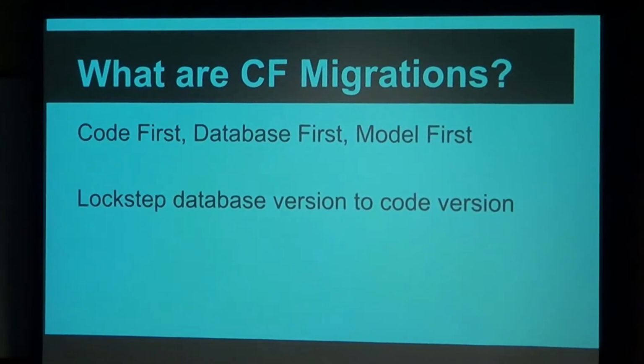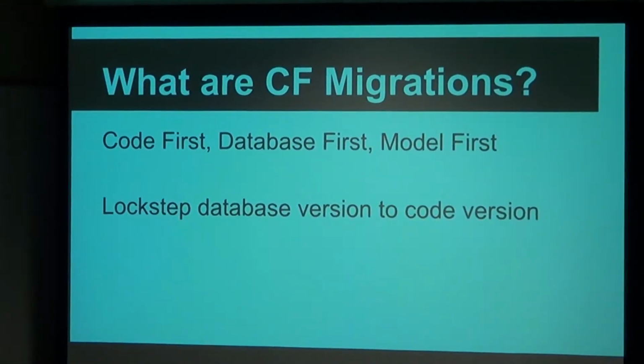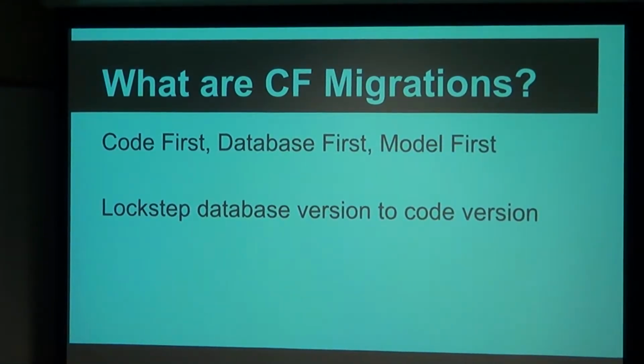All right, so what are code first migrations? The term code first comes from the idea that any framework, specifically this ORM, has 3 different ways where you can map to the database. You can do database first, so the idea is that you write your SQL and create your database, and then you can help generate the POCO objects, or plain old C# objects, that will be used in the database first implementation.